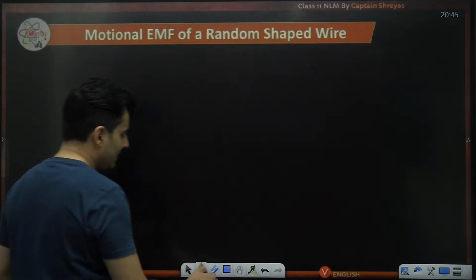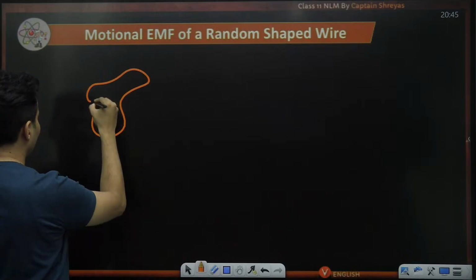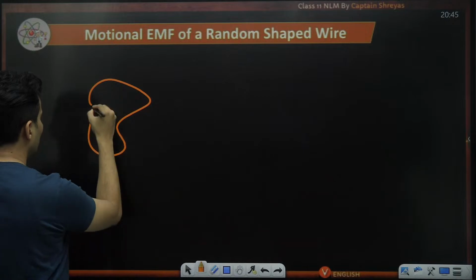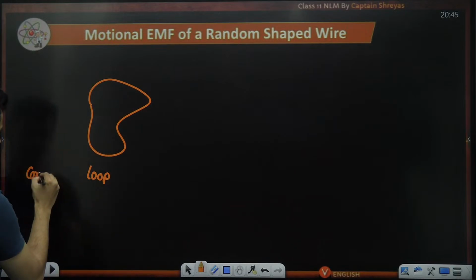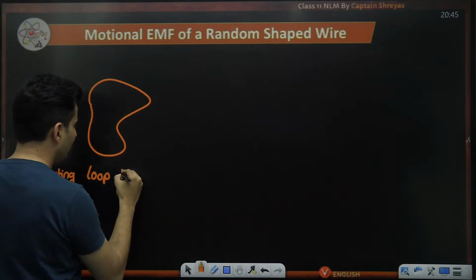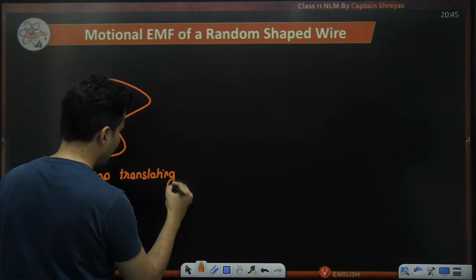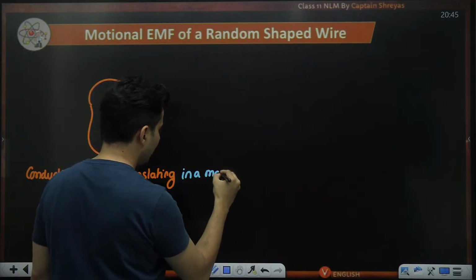Sir, if that is the case of a curved wire, then tell me what will happen if I have a loop? This is a conducting loop which is translating in a magnetic field.